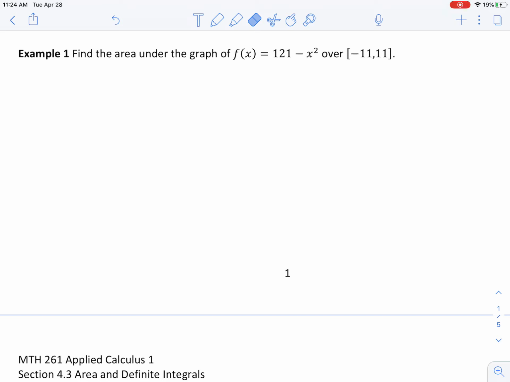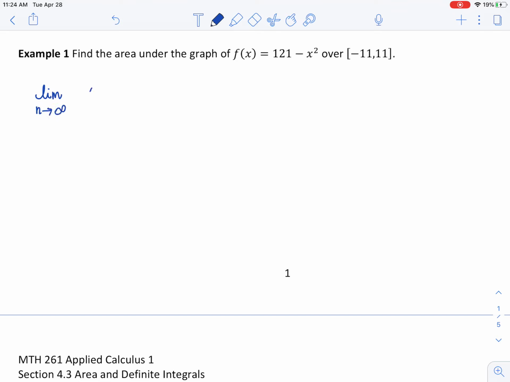You can approximate the area by deciding on the number of subintervals, creating equal-width rectangles, finding the area of those rectangles, and adding them all up together, right? That's going to be an approximate area, but now we're trying to find the exact area.